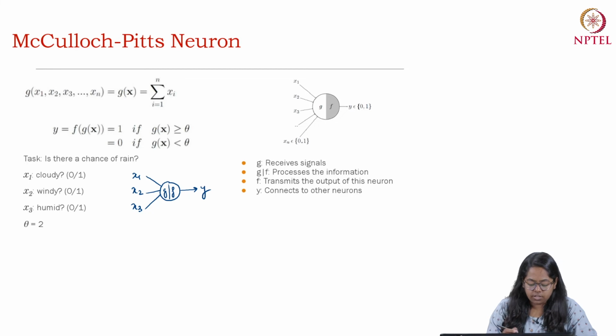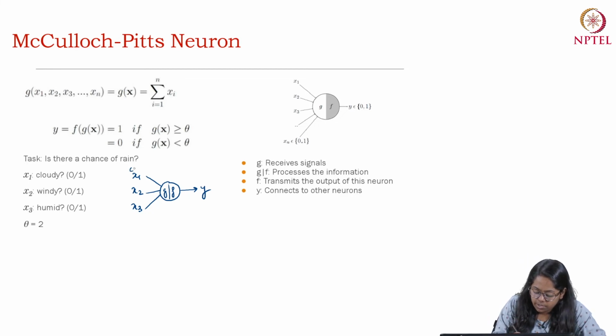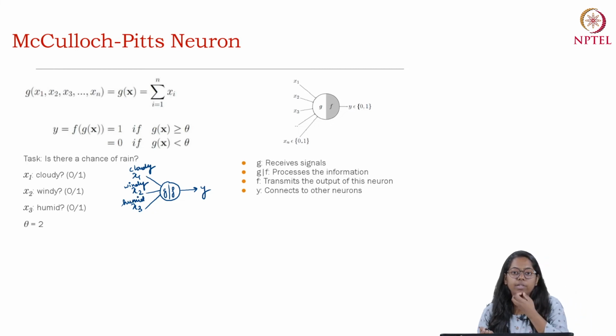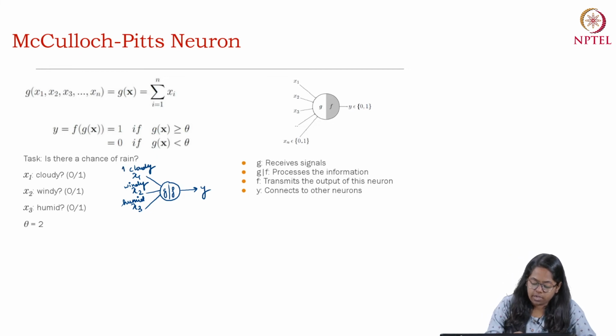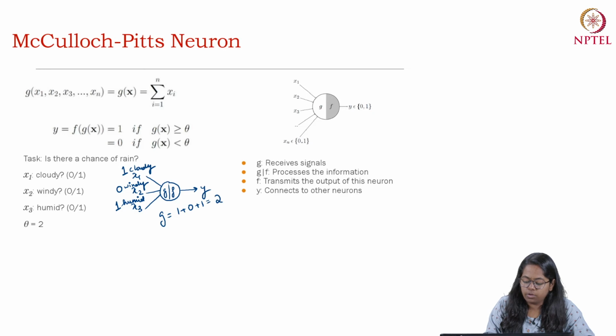So here, suppose x1 represents the cloudy attribute, x2 represents the windy attribute, and x3 represents the humid attribute. Then if the input comes such that the environment is cloudy, not windy and humid, and we calculate g, which is just the summation of these xi, it will be 1 plus 0 plus 1, which is equal to 2.